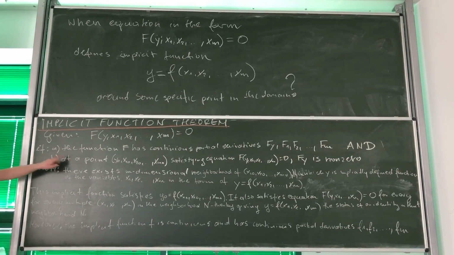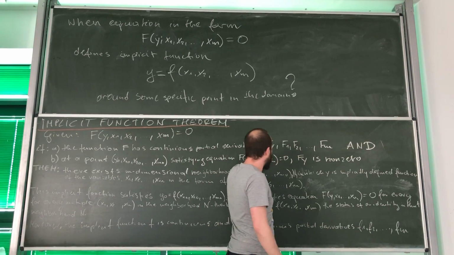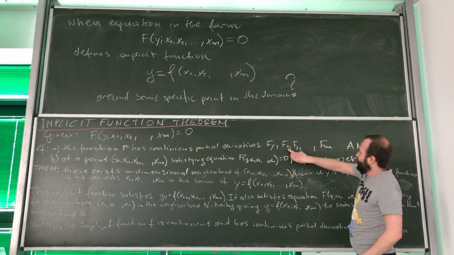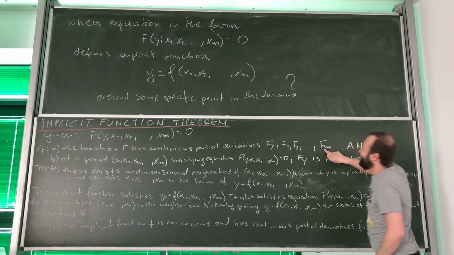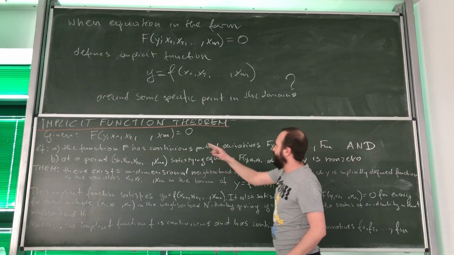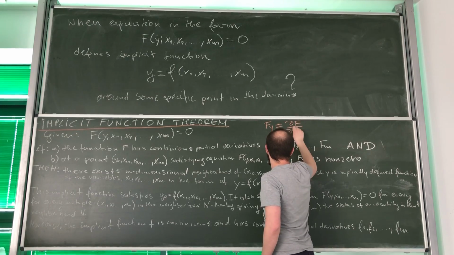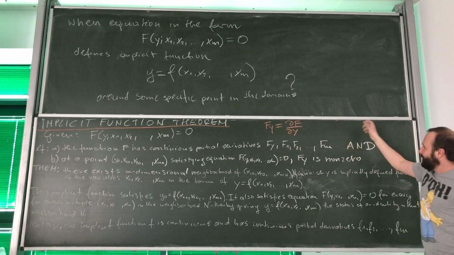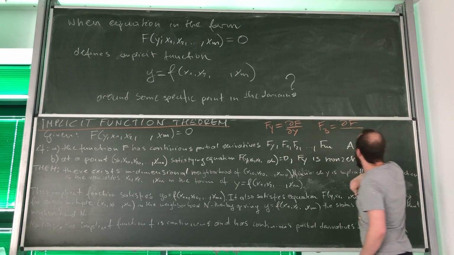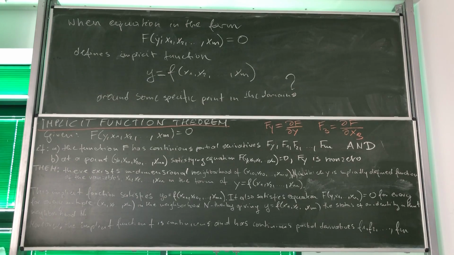First, the function F has continuous partial derivatives Fy, F1, F2 until Fm, where of course the subscript simply tells us with respect to which variable we differentiate. So Fy is just the derivative of function F with respect to variable y, and F3 would be the partial derivative of function F with respect to variable x3.